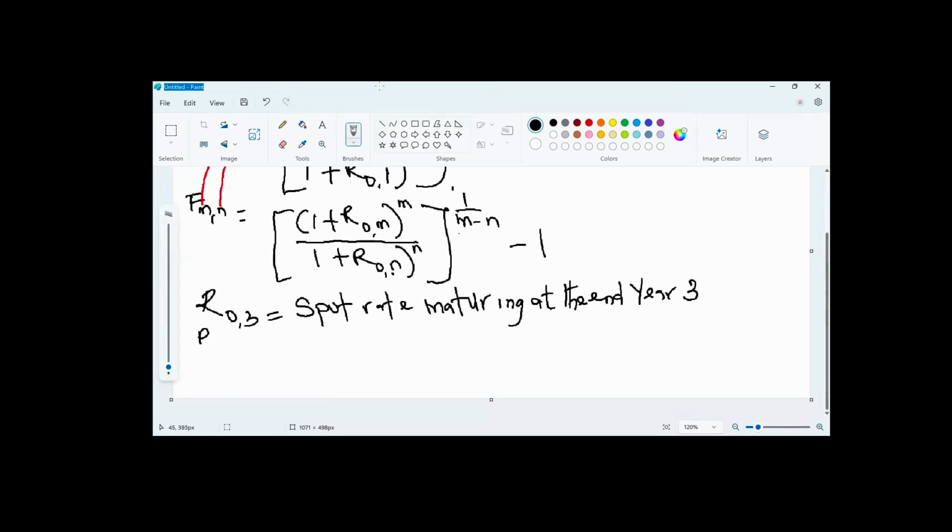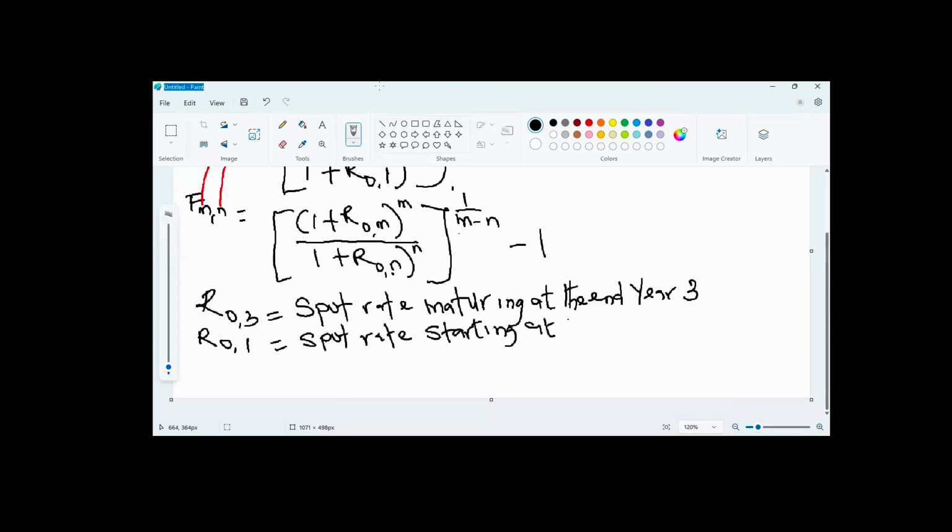My RO1 is spot rates starting at the end of year 1.